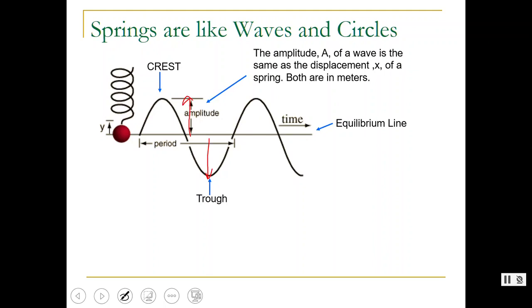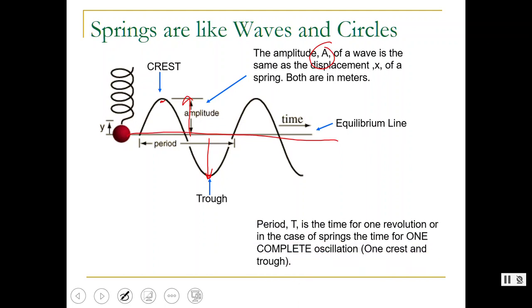There is a maximum amplitude that is represented with the variable A usually, and that is the maximum displacement that is possible. But realize that it's only the height of a crest or the height of a trough. It's not a total height, because it's measured from the equilibrium position.